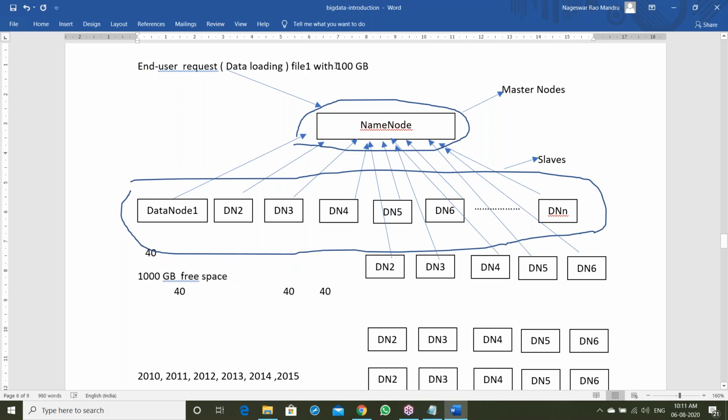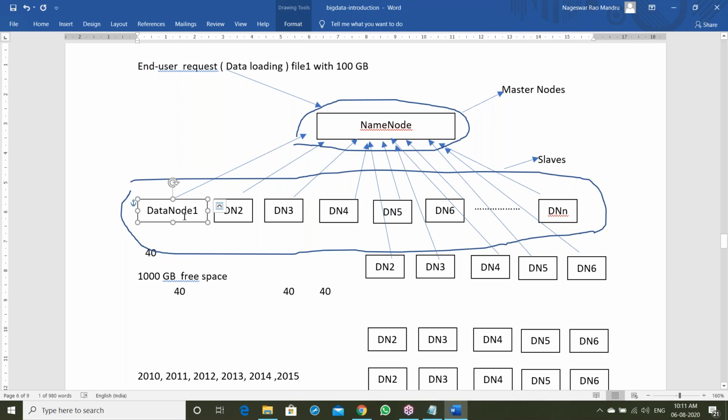What is the size of the file? Only 100 GB. That means the first node is capable of storing this 100 GB. Even though it is capable of storing 100 GB, it never stores it on a single system.